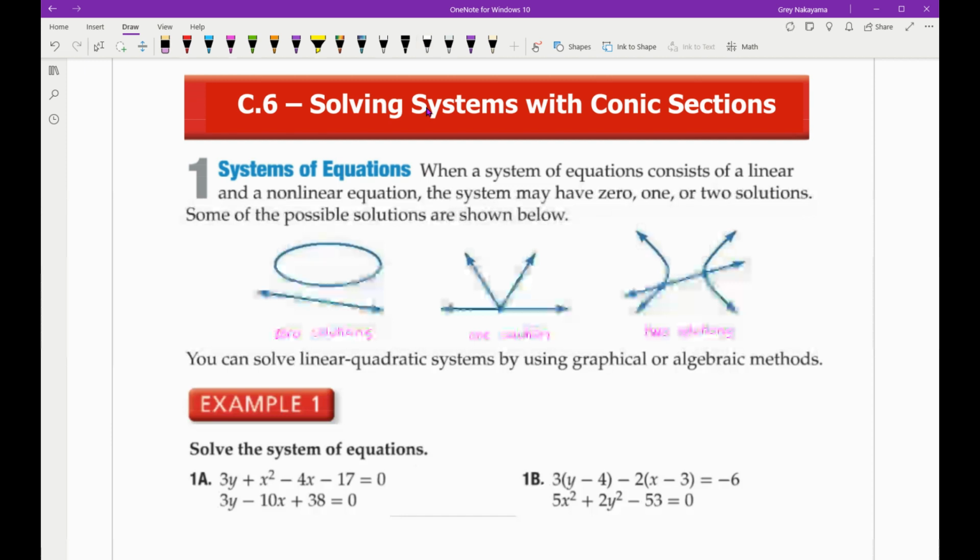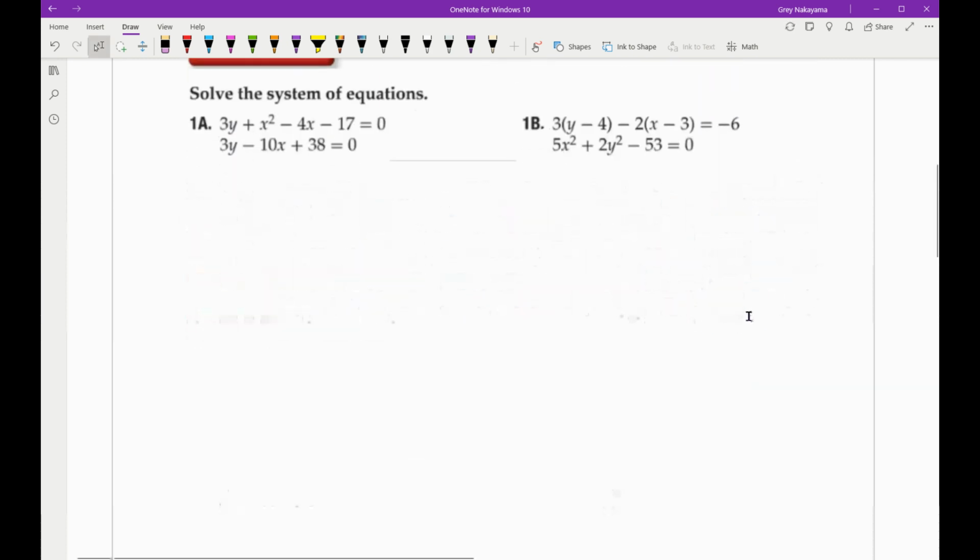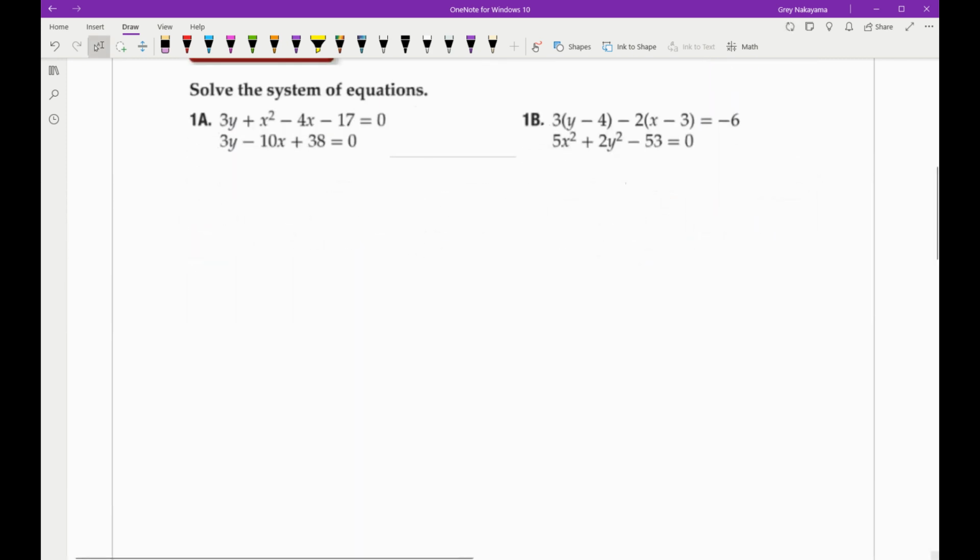So we're going to concentrate on algebraic methods, and that means we're going to be using substitution or elimination to solve. Look at this first example. Solve the system of equations. When you look at 3y plus x squared minus 4x minus 17 equals 0, you should be able to tell me what the graph of that is.